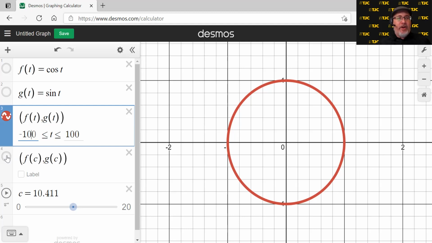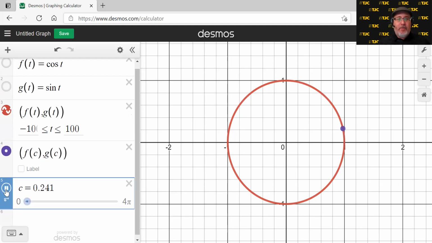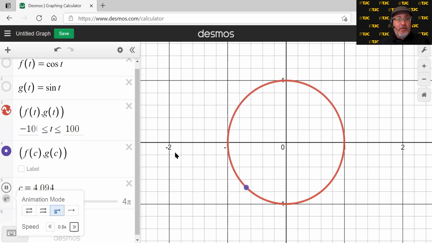Let's put a point on there, and let's start it here, and let's just go to 4 pi. That's 4 revolutions around the circle. At least that's what I'm expecting. Here we go. It's going kind of slow. We'll speed it up. There we go. 1 revolution.